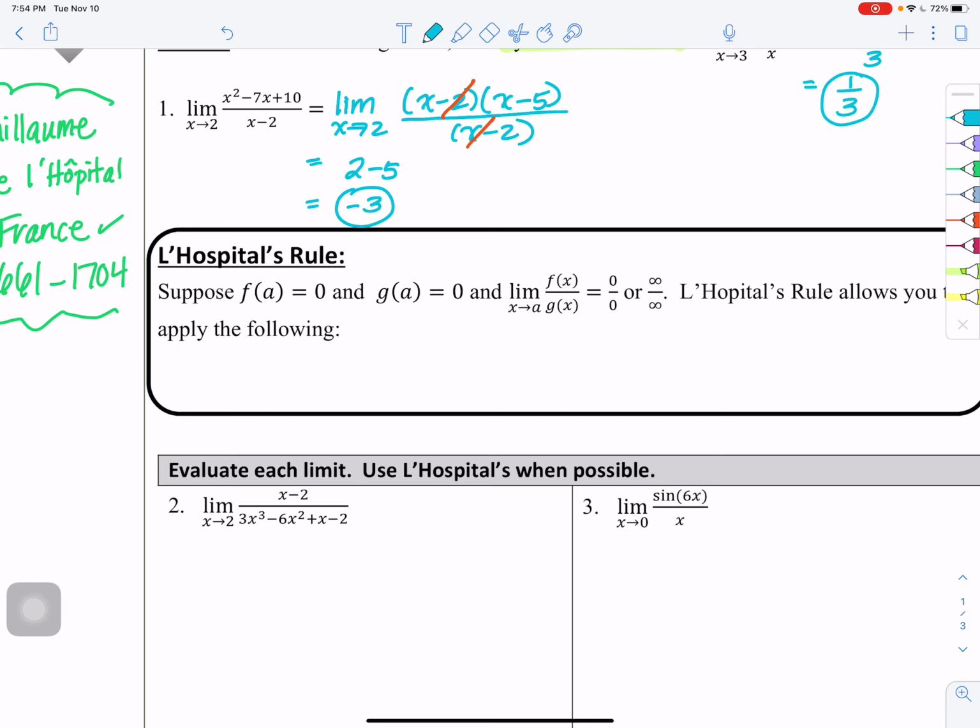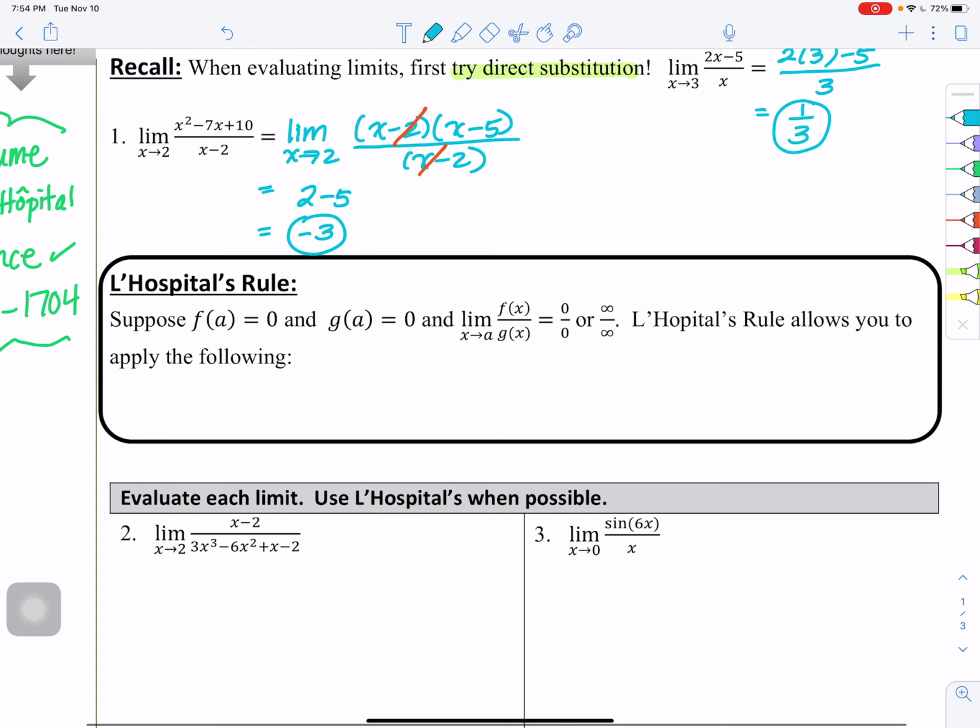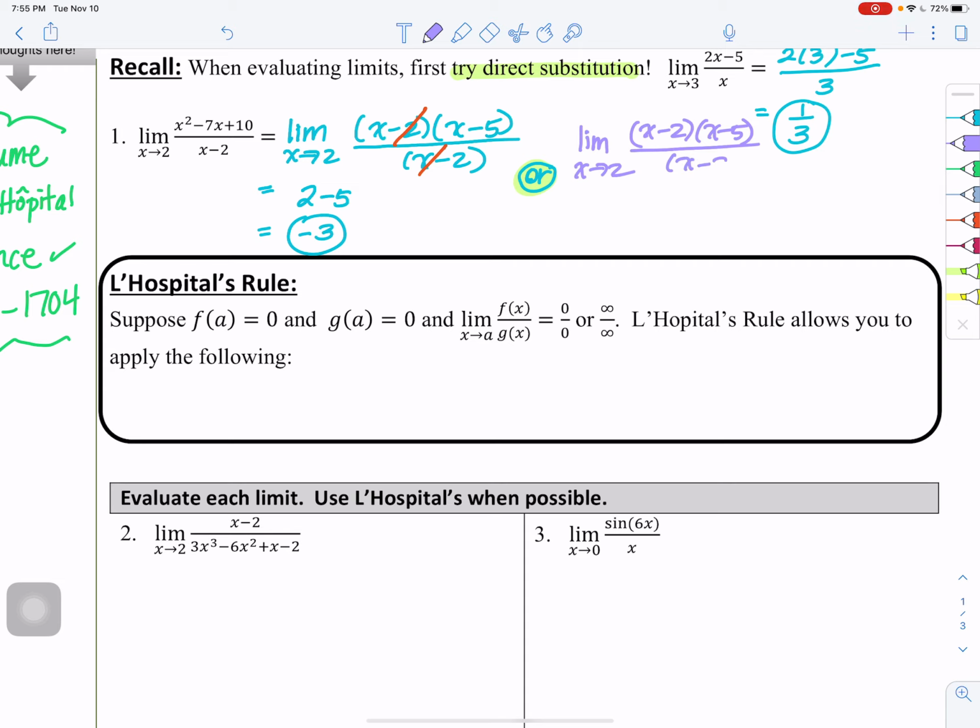Okay, but what if you wanted to apply L'Hopital's rule? So I'm going to rewrite this limit, the limit as x approaches 2, even if you hadn't factored it yet.